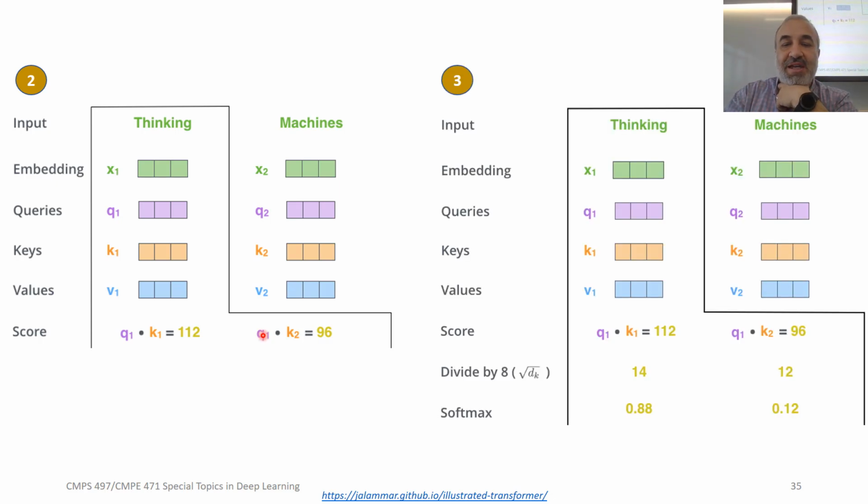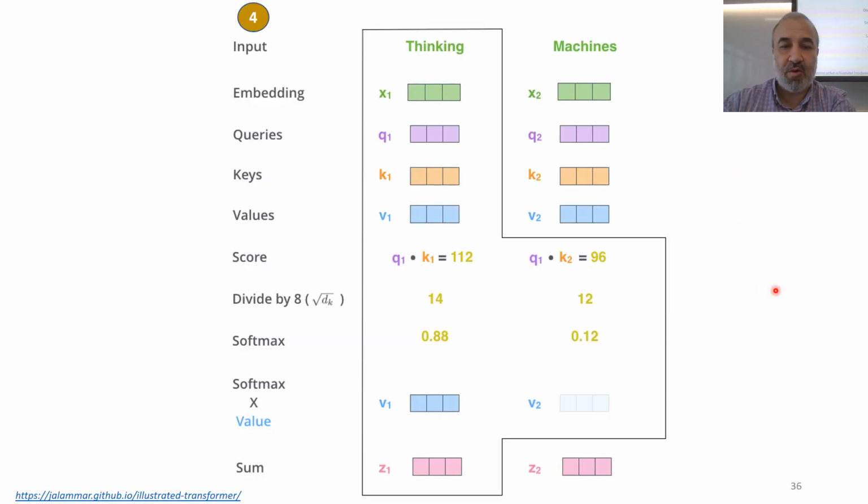So from that we compute the softmax values. Now the softmax values are 0.88 and 0.12. What do we do next? We take this 0.88 multiplied by V1 and 0.12 multiplied by V2 and sum them to get the output vector for X1. So this is softmax times the value, and this is softmax times the value.